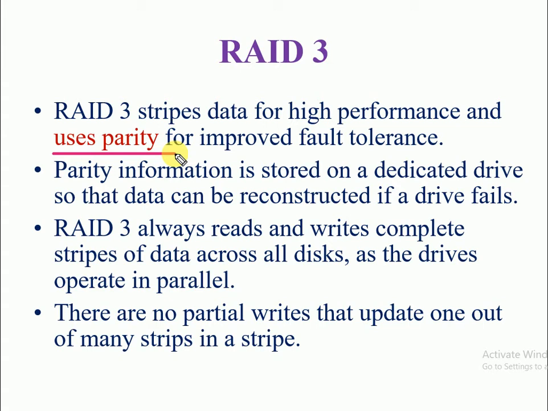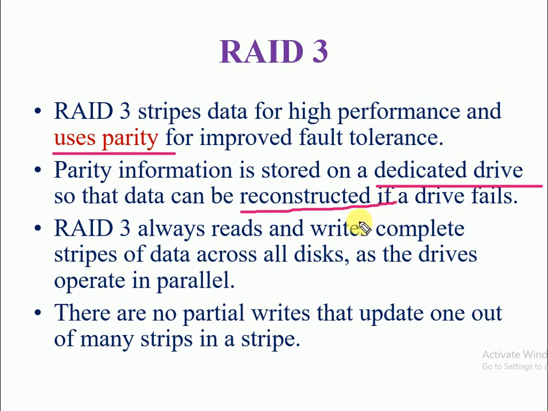Parity information is stored separately on a dedicated drive. One drive is exclusively used for storing the parity information that can be used for reconstruction of the data if the data cannot be accessed directly or if any failure happens.